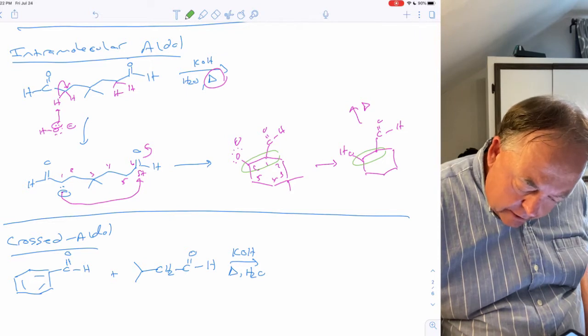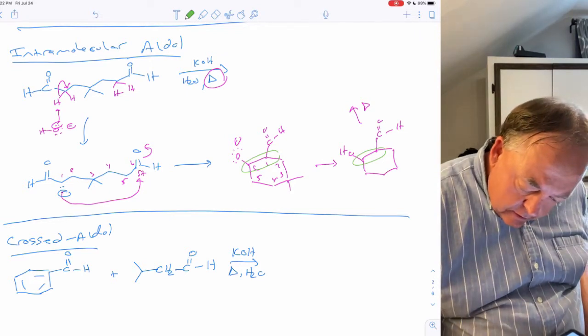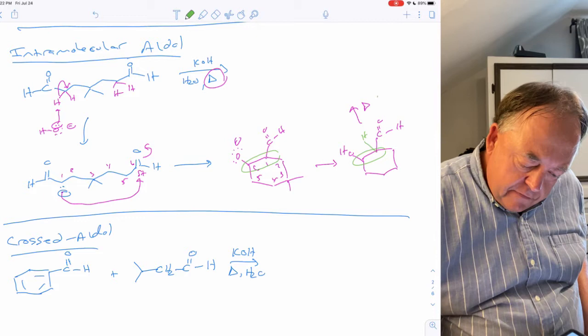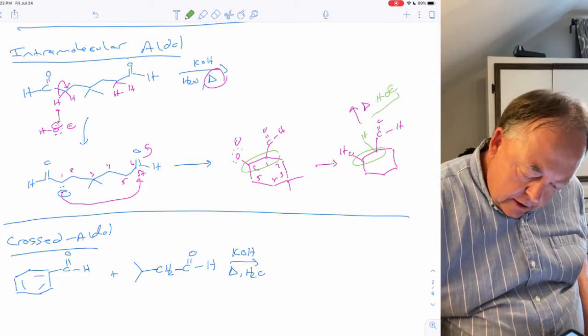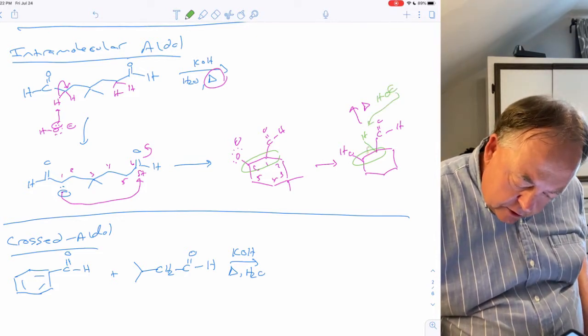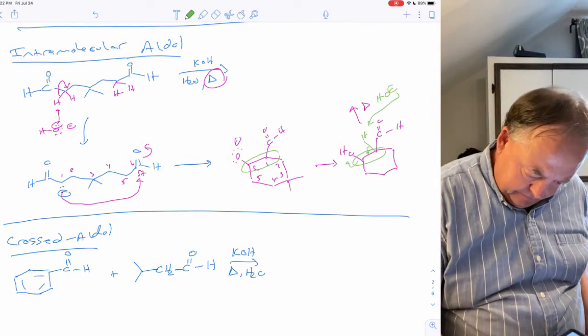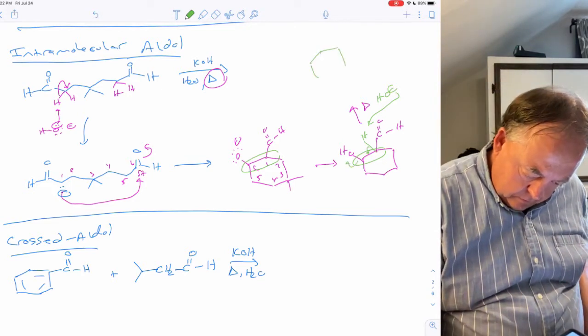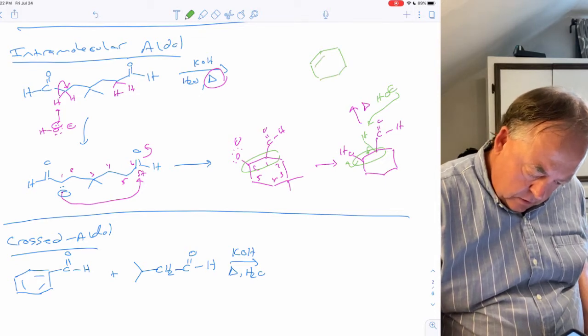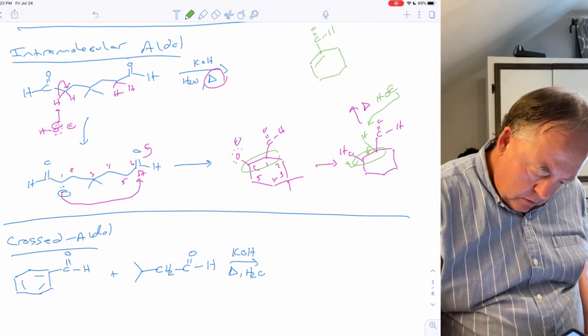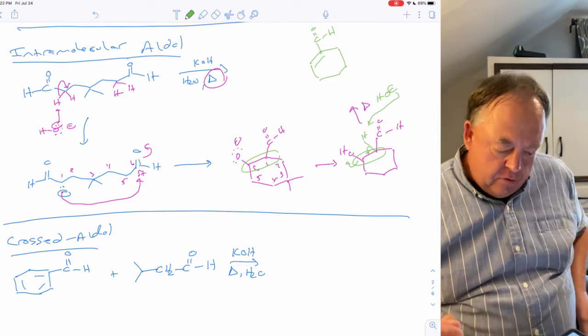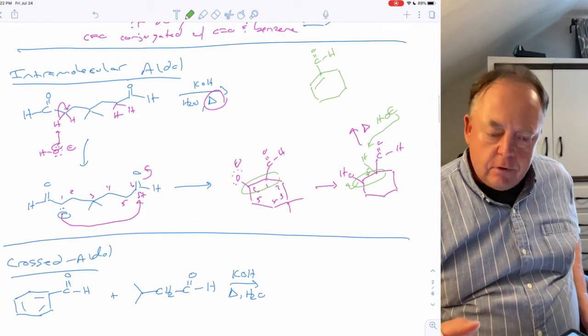So what's going to happen is this hydrogen is going to come off. So hydroxide takes that hydrogen, those electrons go there to make a double bond, and hydroxide comes off. Right, and that would be your dehydration product.